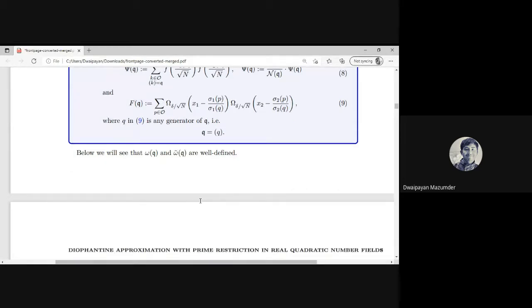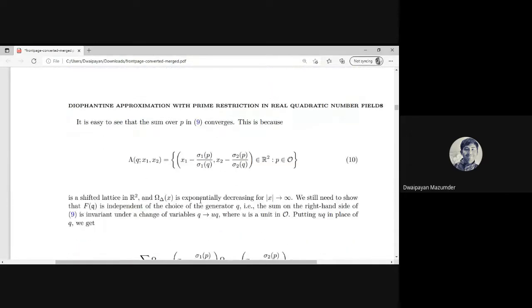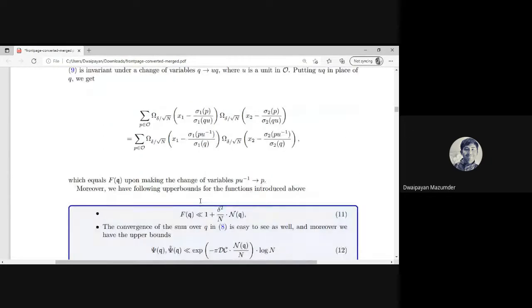It may happen that another generator is some unit u times q, where u is a unit. If that happens, we just break this down in the next step: sigma_1(u) and sigma_1(q), and then this particular sigma_1(u) we just move to the numerator by inverse, as it is a unit and so has an inverse.